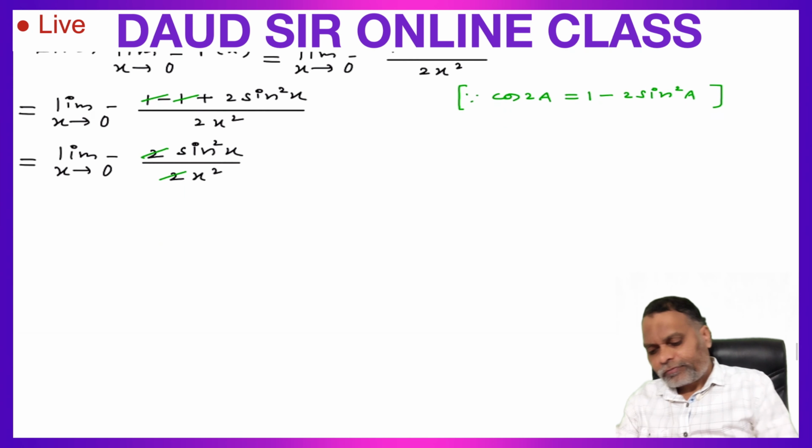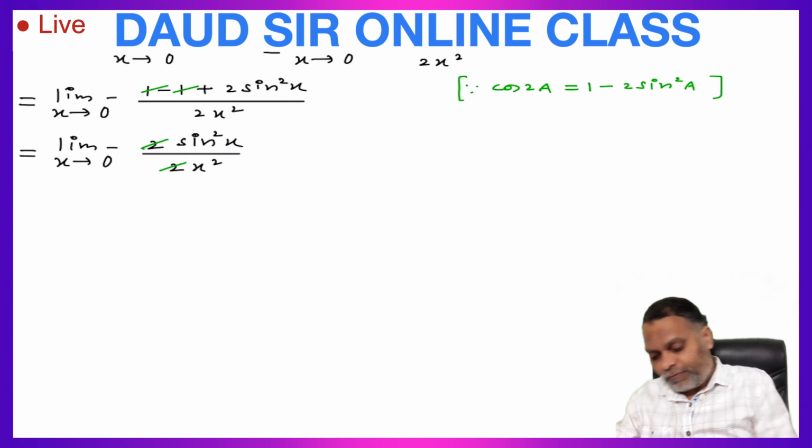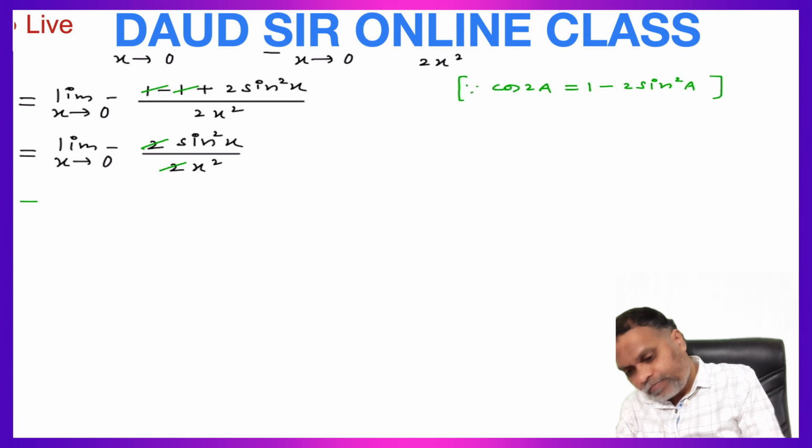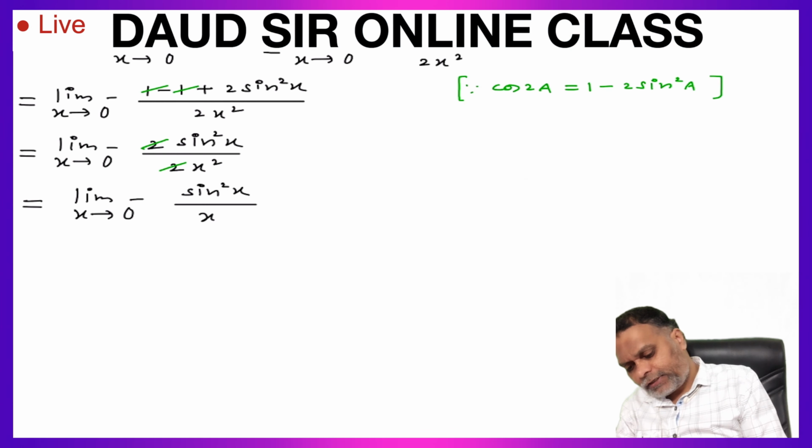and for making the limit, which is equal to limit x tends to 0 minus sine square x upon x square.